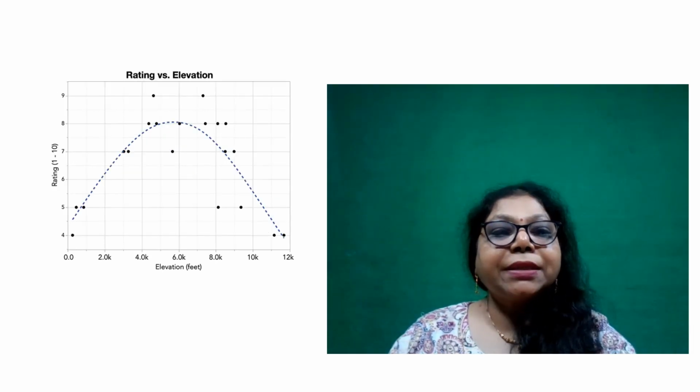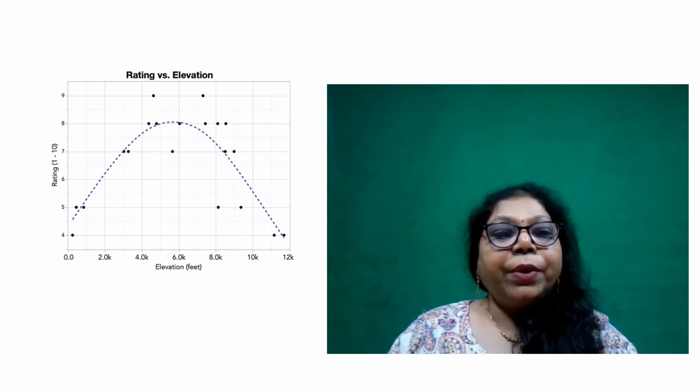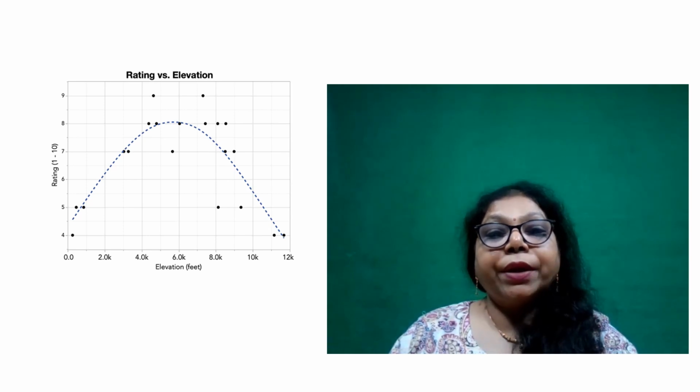So, looking at this graph, we can see elevation and the rating, and rating is on a 1 to 10 scale. In the beginning, as the elevation is rising, people are giving good ratings, but beyond a certain elevation, we see that the rating is going down.